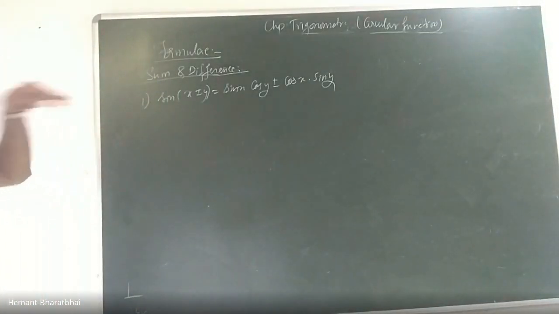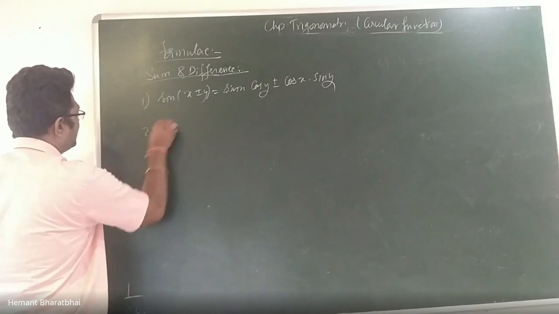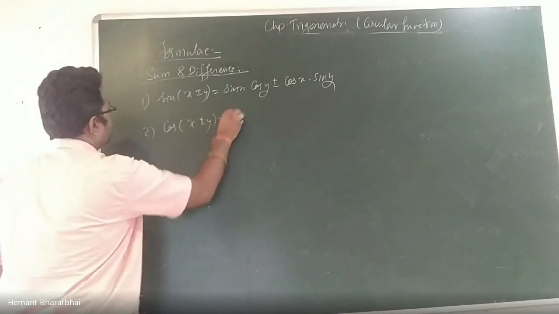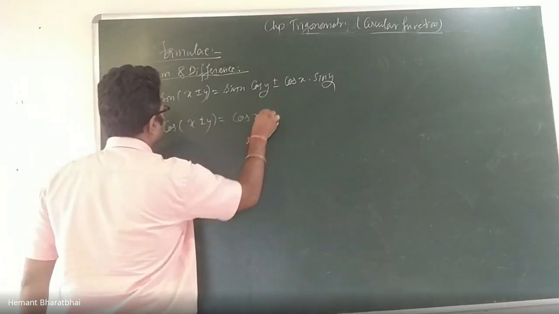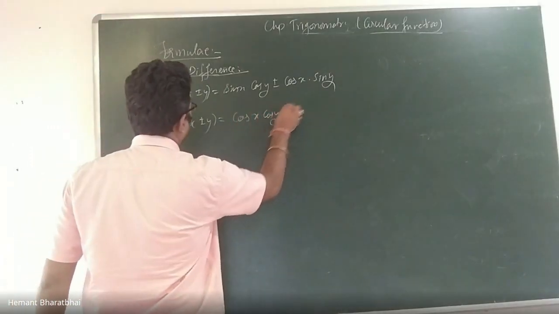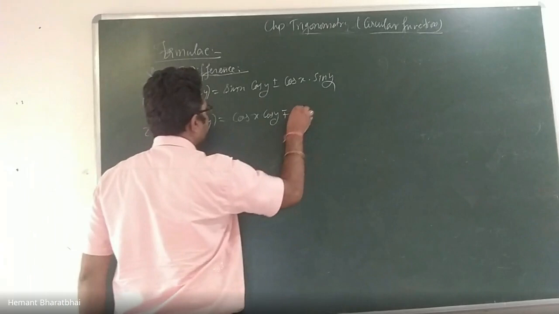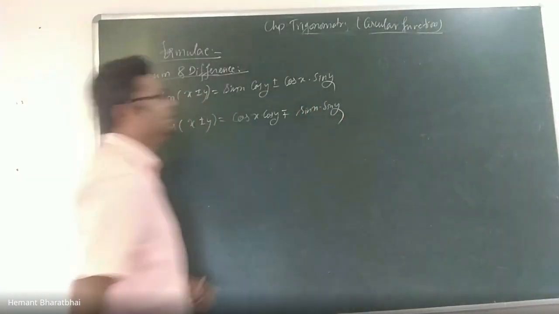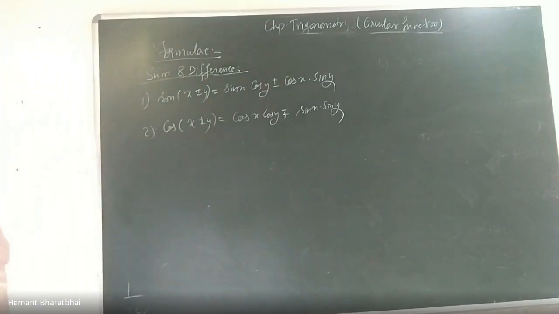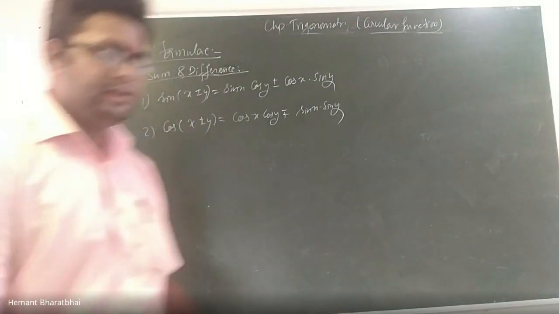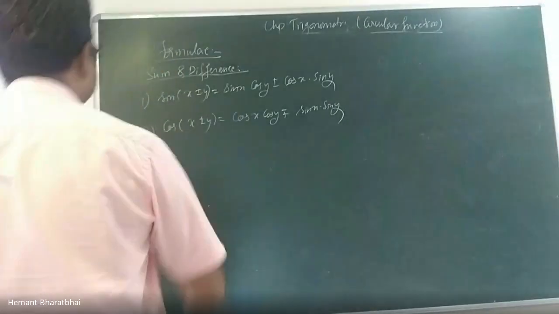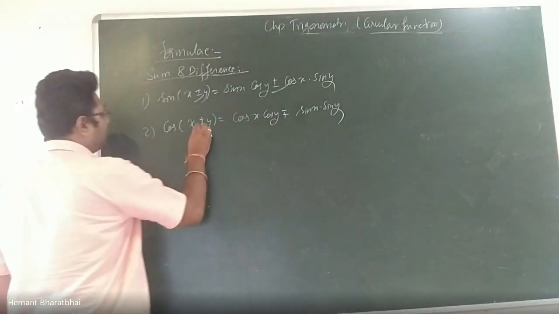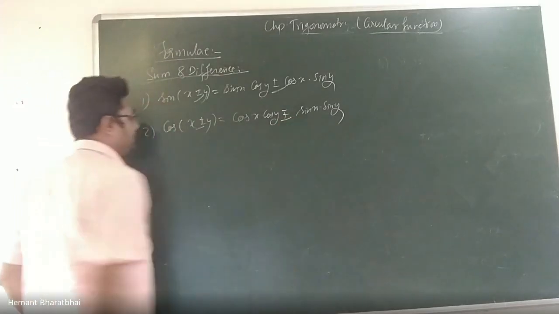So two different formulas I have written as a single formula. Similarly, cos of x plus minus y can be written as cos x into cos y minus plus sin x into sin y. Now be very careful over here. See, here it is plus minus, so here also it is plus minus.